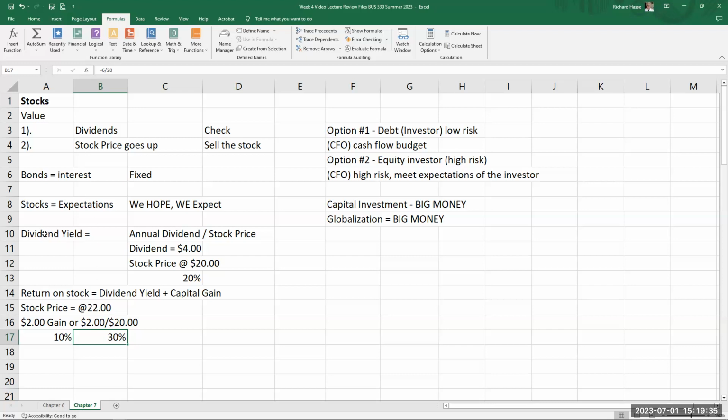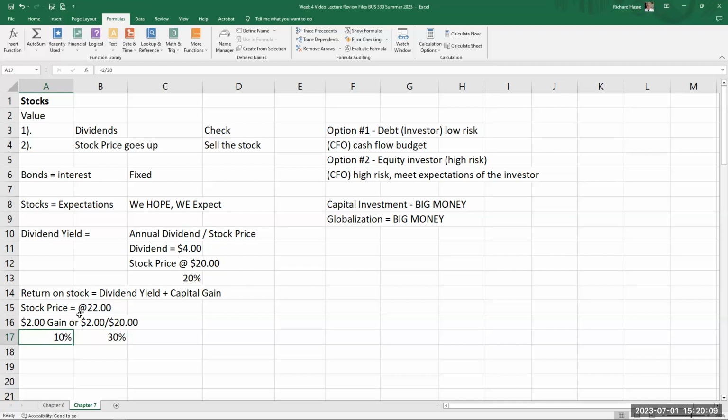Dividend yield, the relationship of the dividend payment every year on a stock to the stock price that you purchased at. For example, if I get a dividend of $4 a year from the company and the stock price was purchased at $20, that's a dividend yield of 20%. Now, let's say the stock price goes up to $22 a share and I sell it, meaning I'll have a capital gain of $2 or a 10% capital gain.